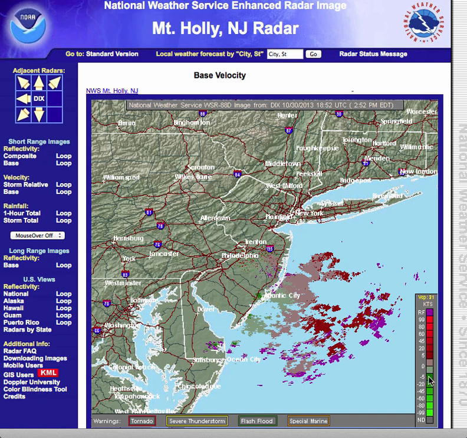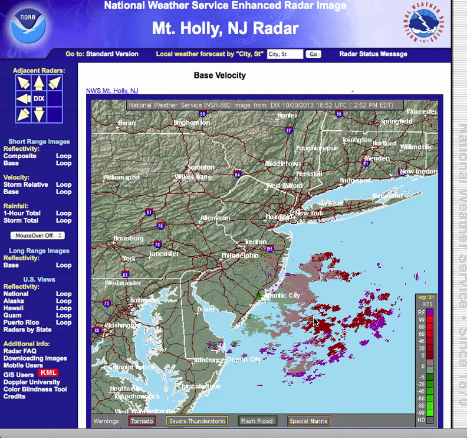Red is towards, green is away. Now, the stronger these colors are, the stronger the winds. And you're able to pick that up based on the precipitation. So if you're seeing precipitation being pushed in one direction, that means it's moving quickly away or towards your location.